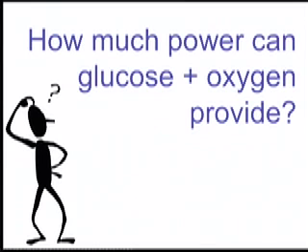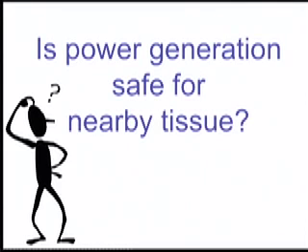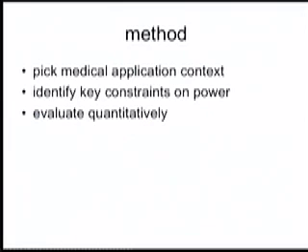So that's going to be the first question. How much power can you expect to have? And of course, the secondary question when you're thinking about medical applications is, would that be safe? Are there some kind of issues that the power generation of the robots would cause for the surrounding tissue or the body? So I'm going to have a look a bit at both of these questions. And the method I'm going to be using is basically a preliminary quantitative engineering design study.